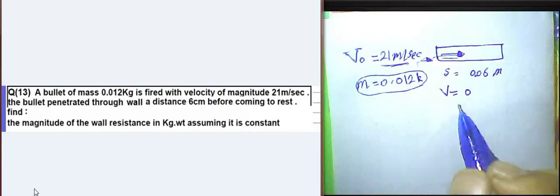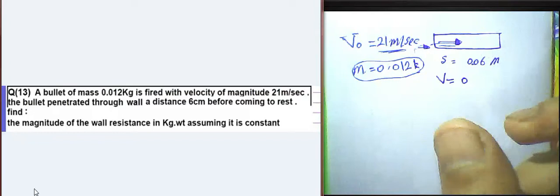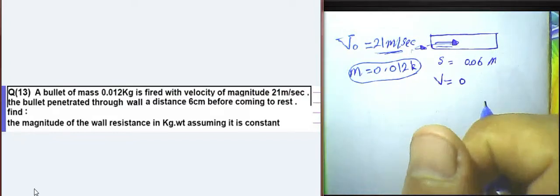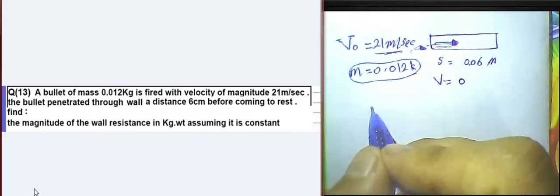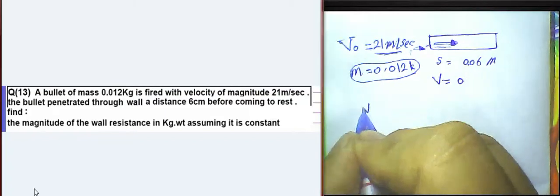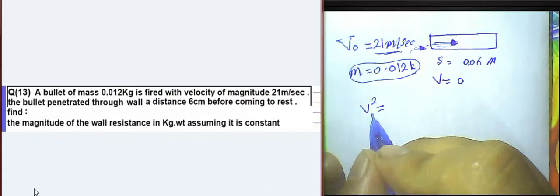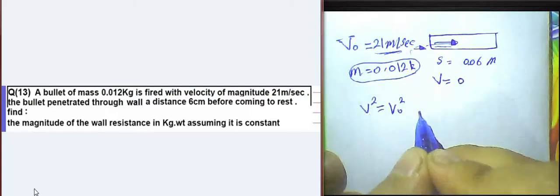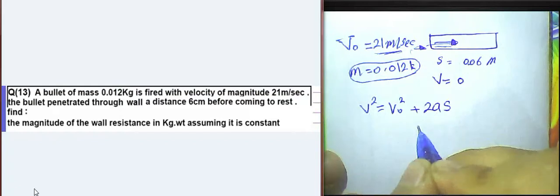We can find the magnitude of the wall resistance by finding the acceleration. How can we find the acceleration? We have the equation v squared equals v naught squared plus 2 multiplied by a multiplied by s.